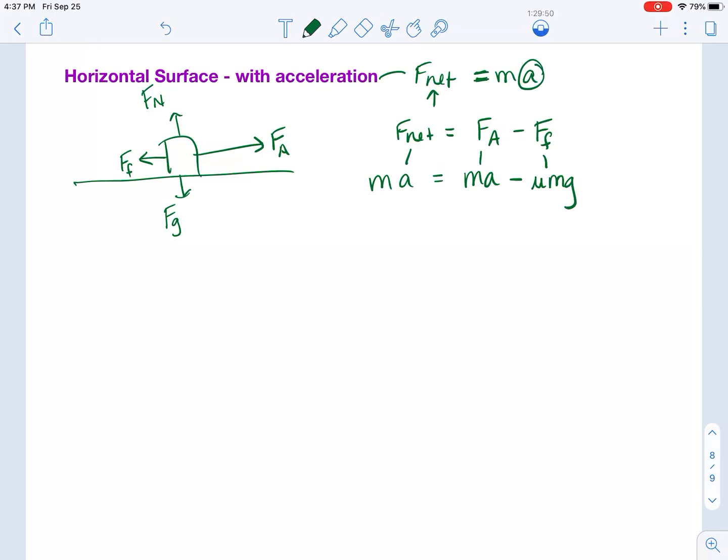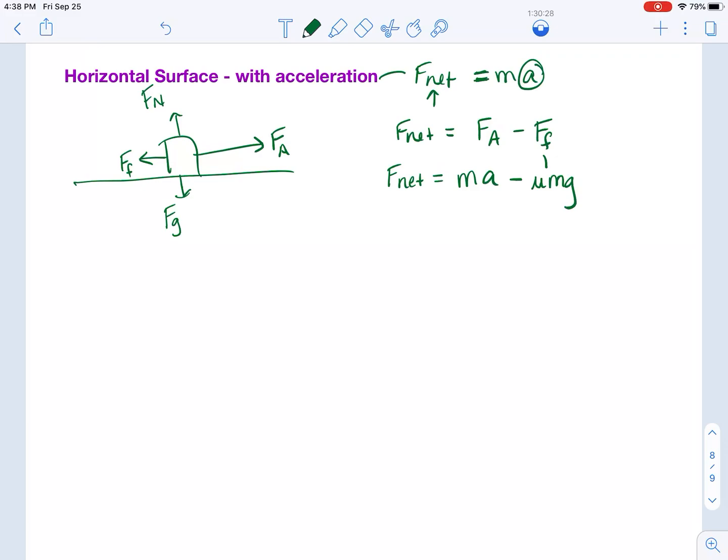Typically, the question is going to be written so that you are given the applied force, and perhaps they tell you information about the friction, and they're asking you to solve for your acceleration here. And this is, again, when we're dealing with a horizontal surface, okay? Or perhaps they will want you to calculate the net force, and you'll have enough information so that you can find the applied force, and then you'll just work it this way.